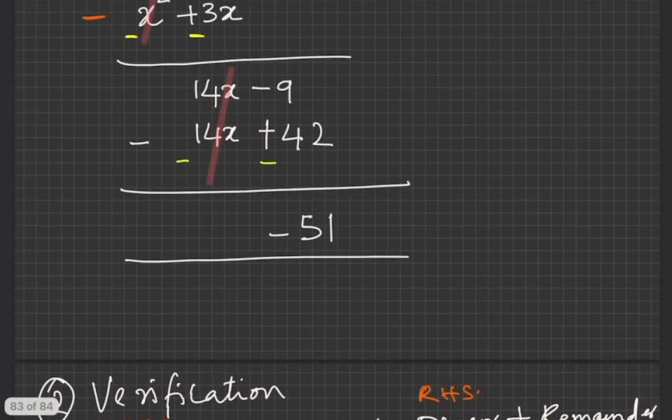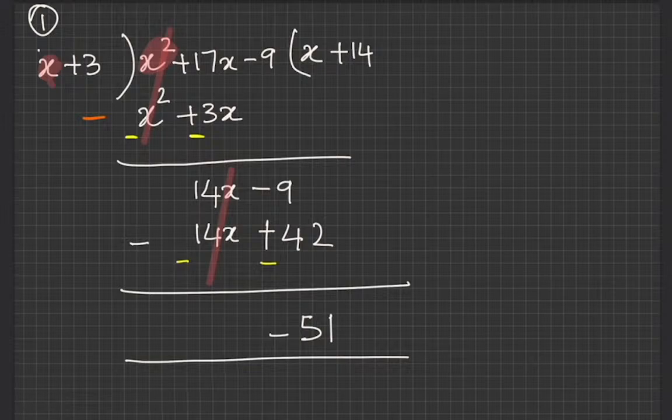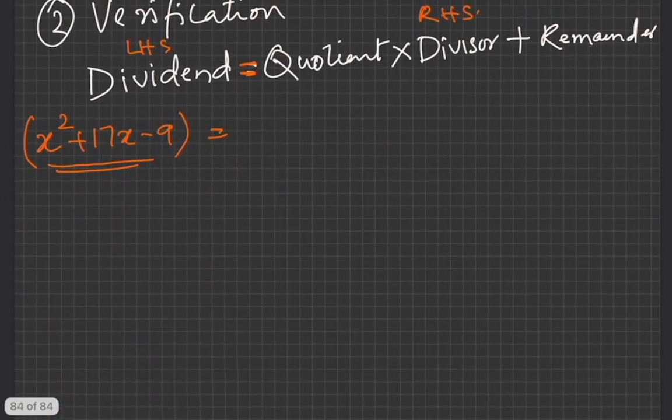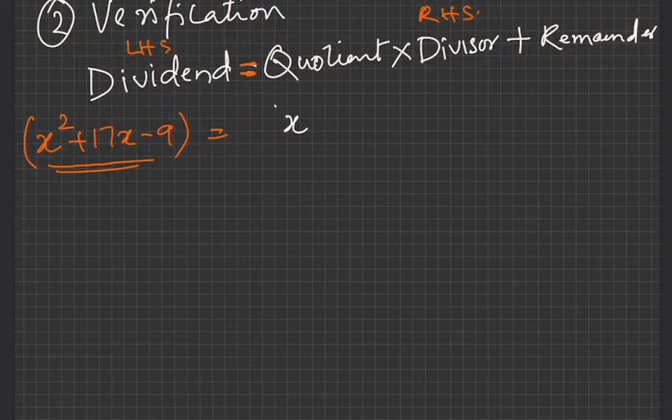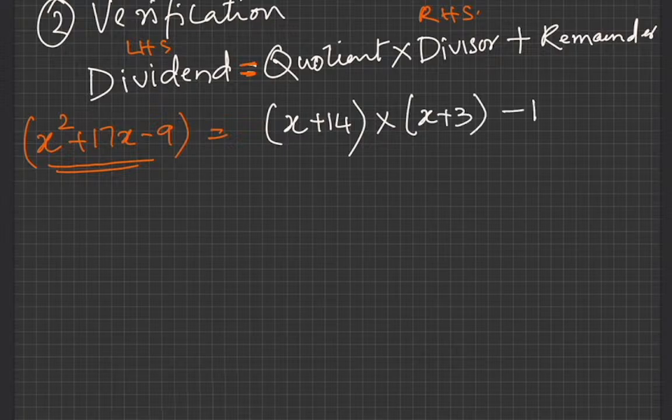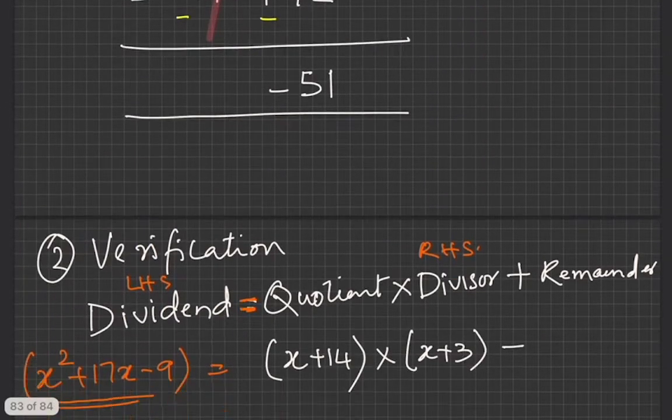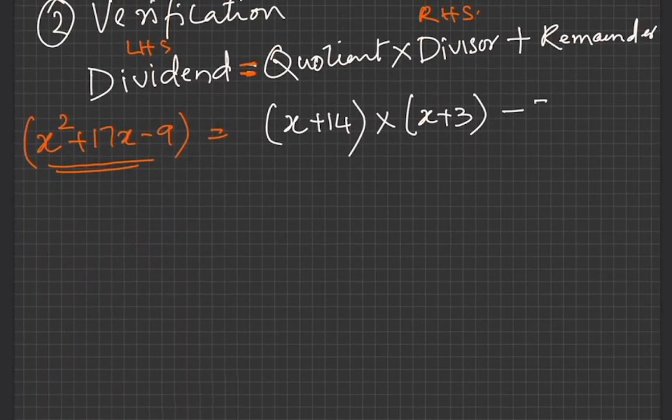My quotient is x plus 14, and my divisor is x plus 3, and my remainder is negative 51, right?